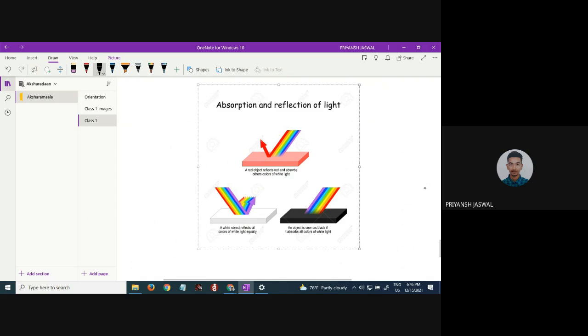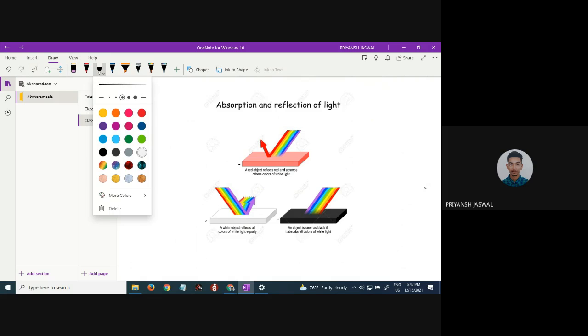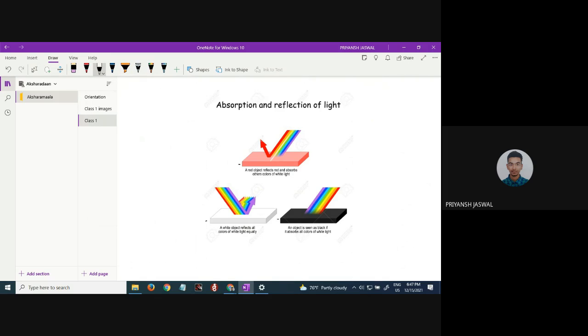Now let's see why different objects have different colors. Here are these three objects, 1, 2, and 3. They have colors red, white, and black. These three different materials have different properties. One of these differences is that they absorb light differently.